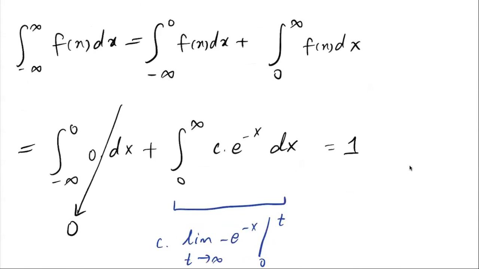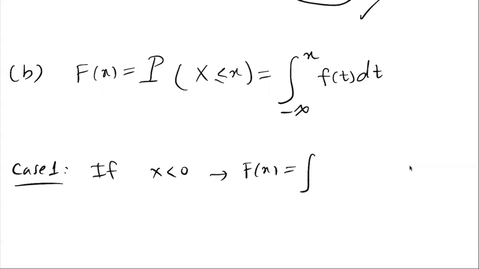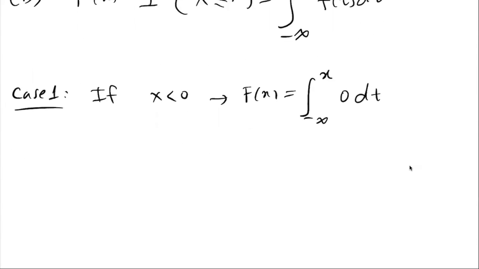Now, if this x value is less than 0, so case 1, if x is less than 0, then capital F of x will be the integral from minus infinity to x of 0 dt. Let me show you on the real line.